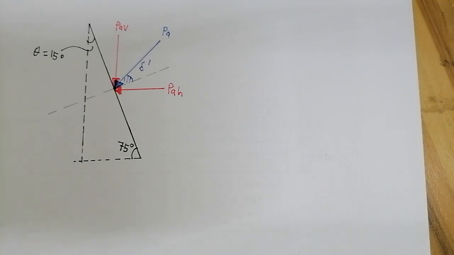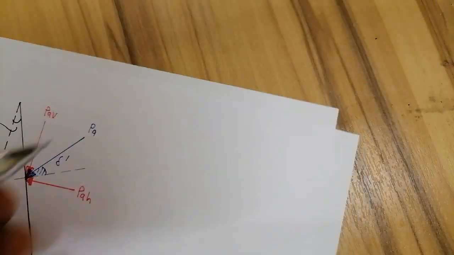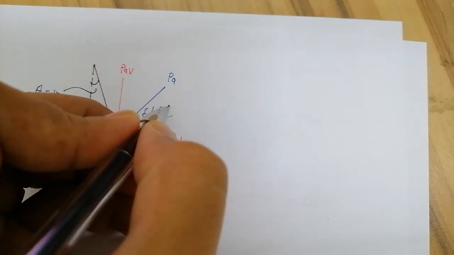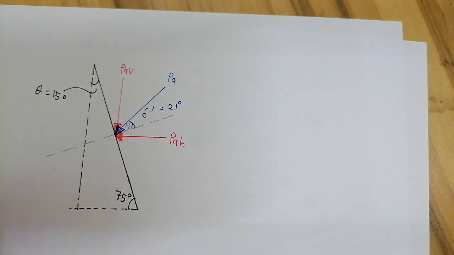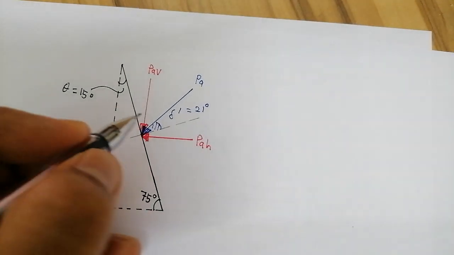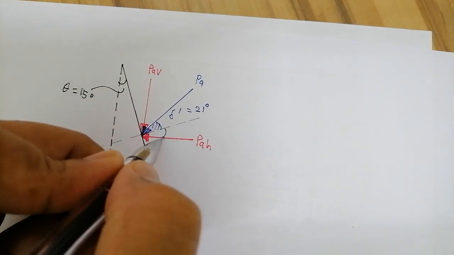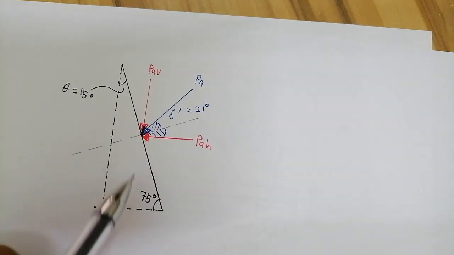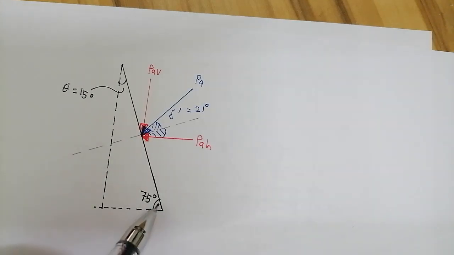So let's do this. So delta prime, as we calculated just now, the wall friction angle is 21 degree, isn't it? And so to resolve, we need to know this angle. Okay, so what is this angle? It's very straightforward. This is 75.